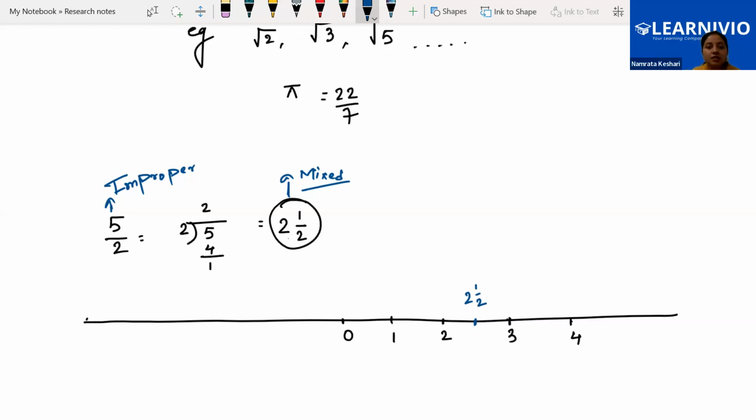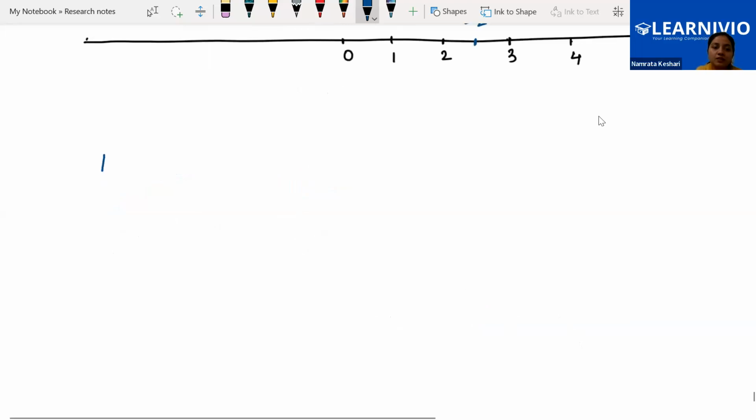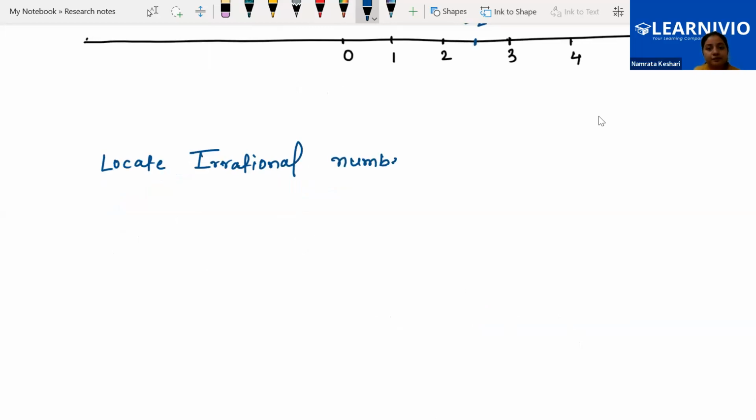Today we will be discussing how to locate irrational numbers on the real line.